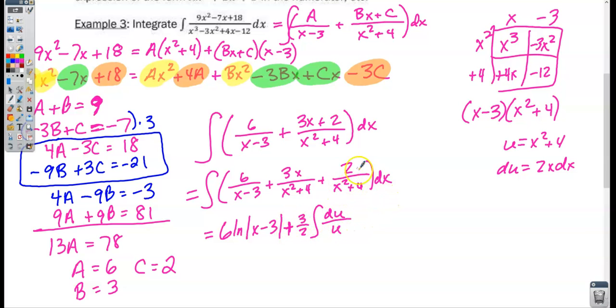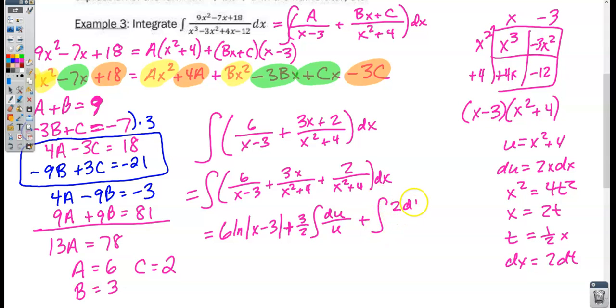Okay, and this one's going to be an arctangent substitution. We want to replace x squared with 4t squared. So x is equal to 2t, so t is equal to 1/2 x. So dx is equal to 2 dt. This becomes the integral of 2 dt, 4 dt, because I already have a 2 there. 4 dt over 4t squared plus 4.